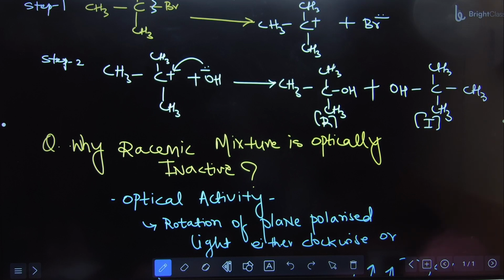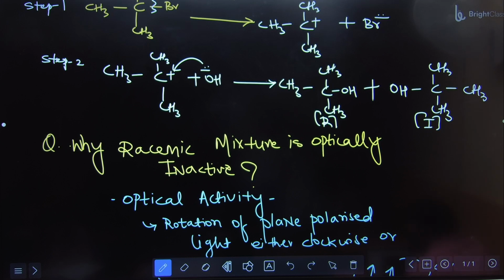Avantika, did you get the answer? Okay. Yes, the only thing is they both are opposite, right?